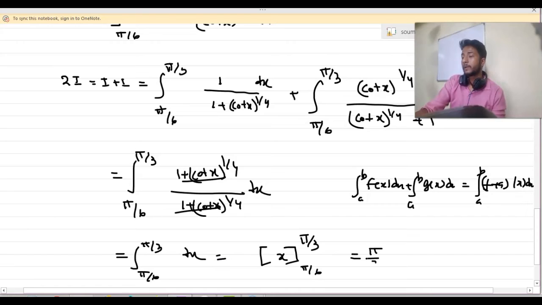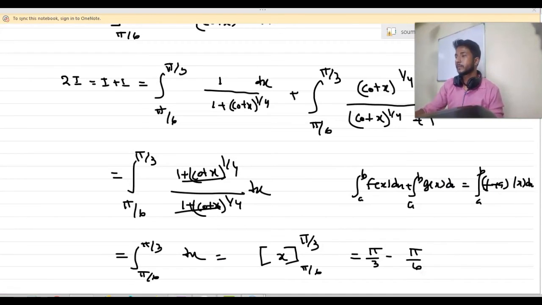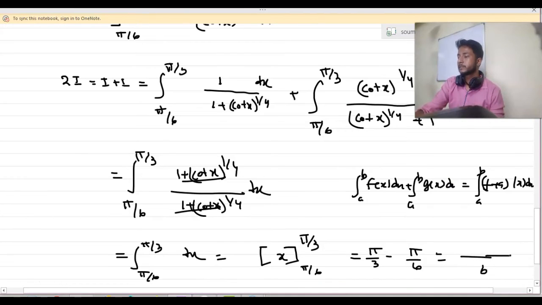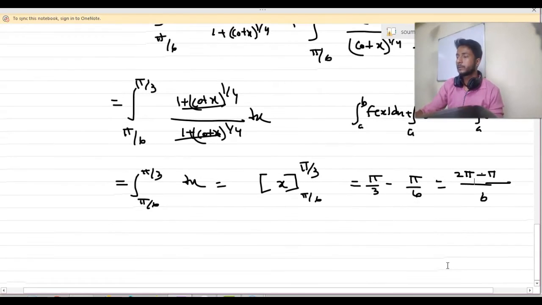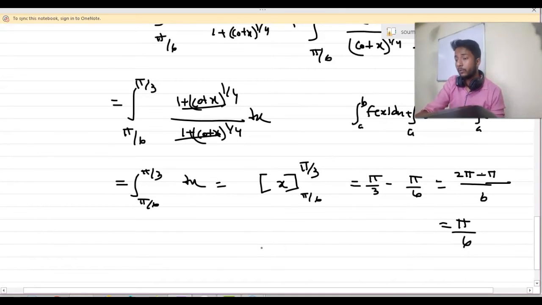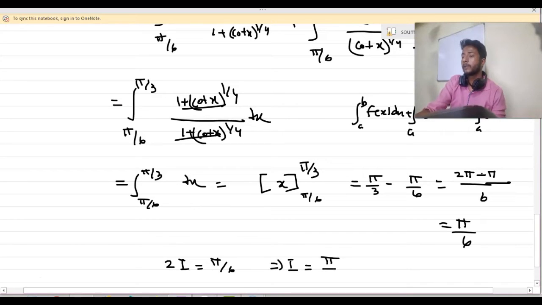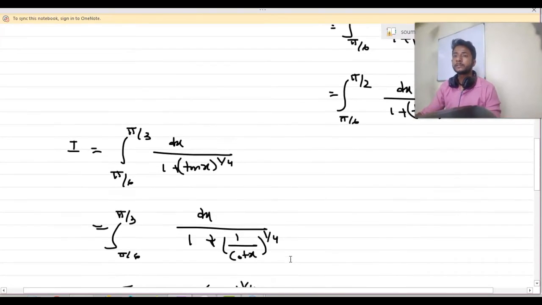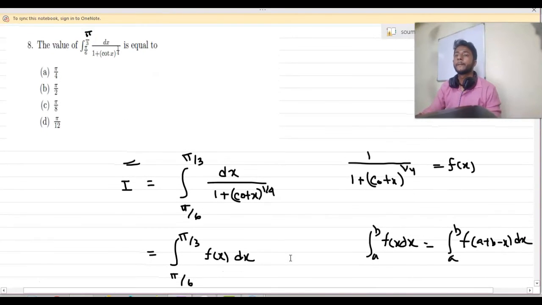So this is pi by 3 minus pi by 6, which equals (2 pi minus pi) by 6, nothing but pi by 6. So the value of 2I is equal to pi by 6, and the value of I is equal to pi by 12. Let us see the options. So option D is our correct option.